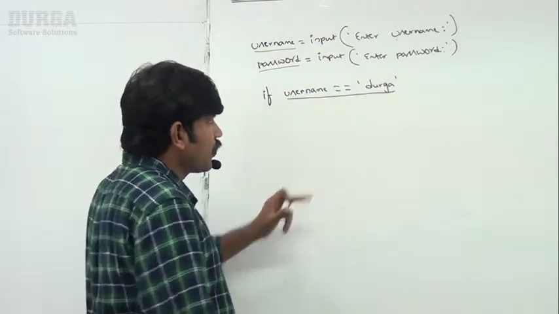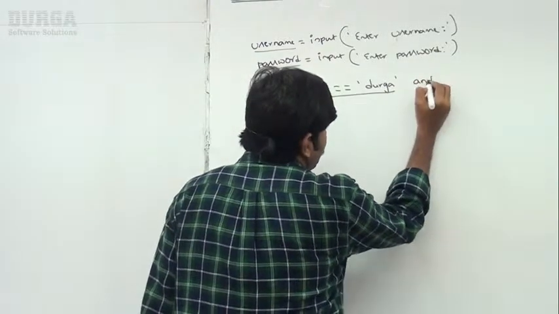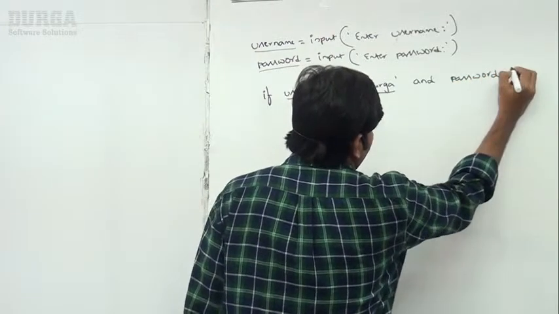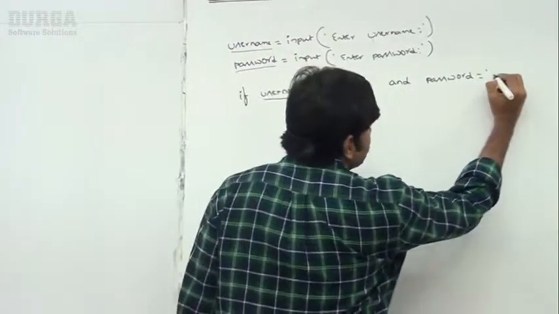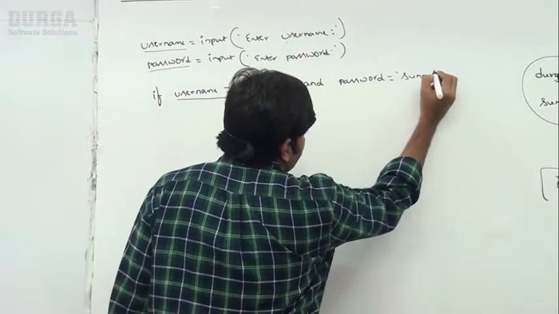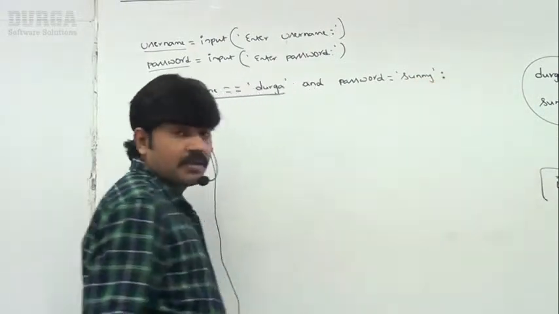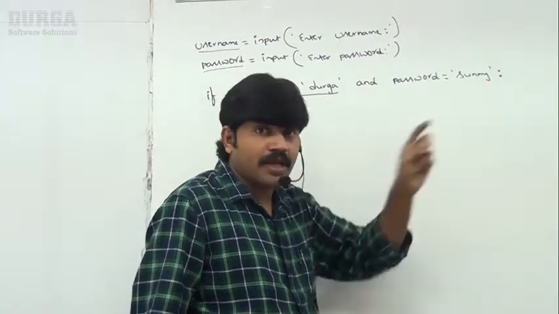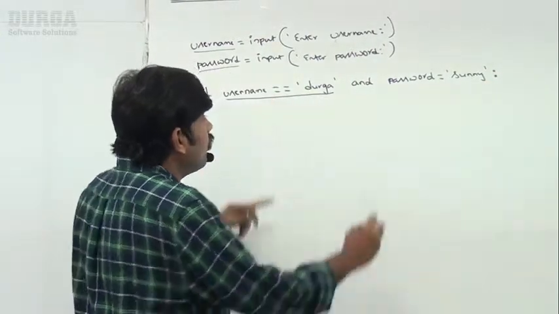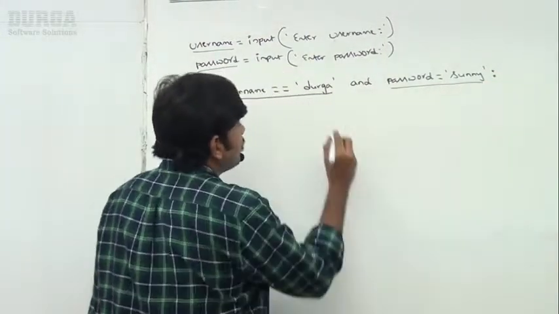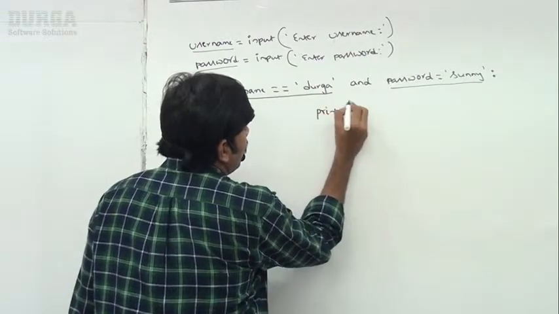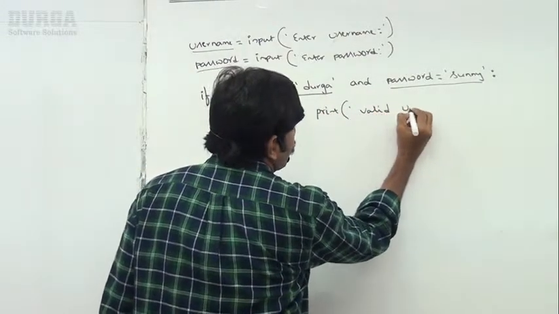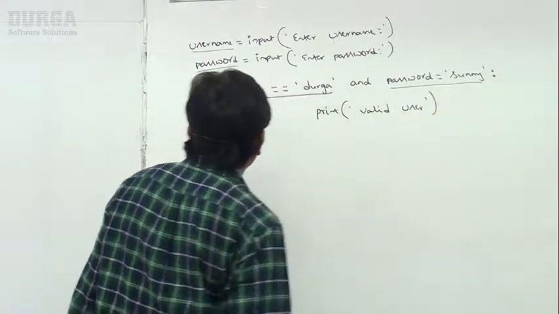If it is true, and password is equal to Sunny. In Python, in the if syntax, we must take a colon. If both conditions are satisfied, then print of valid user.